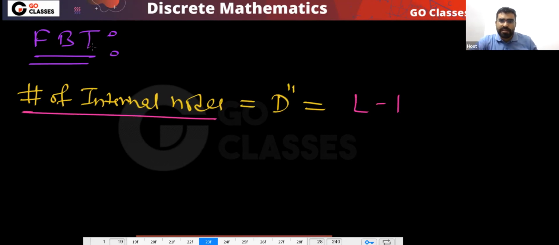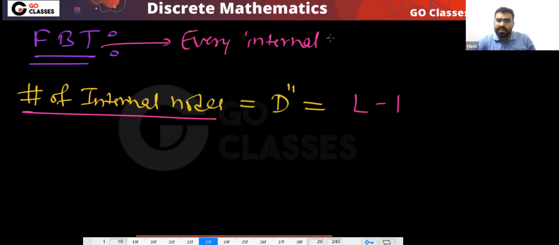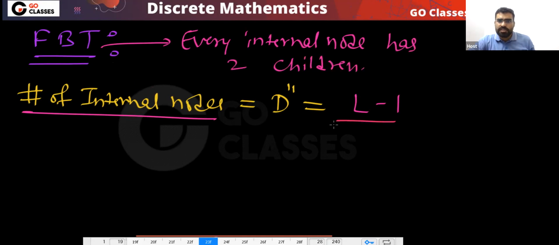Because in a full binary tree, every internal node has two children. Whatever internal node you take, it has two children. So very simple, this is the idea.